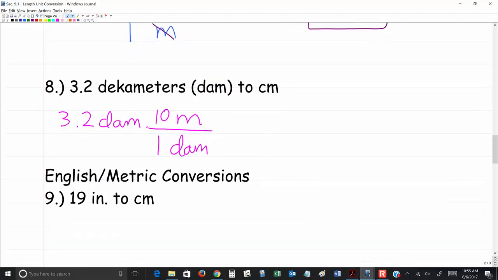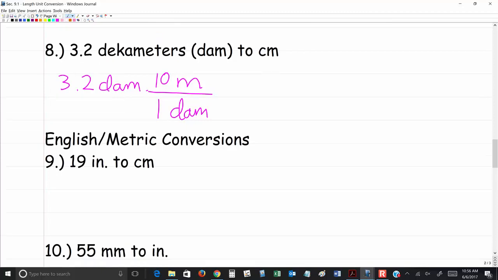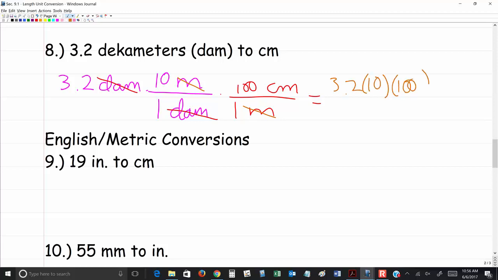So I'm always using meters in the middle of my problem, even though you don't have to, but that's how I do it. So then from meters, I'll go to centimeters because I know 1 meter equals 100 centimeters. And then I'm able to cancel out meters. So basically I'm doing 3.2 times 10 times 100 to get my answer, which is 3,200 centimeters.